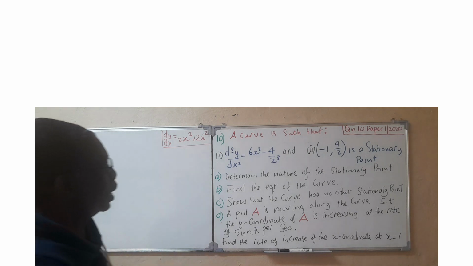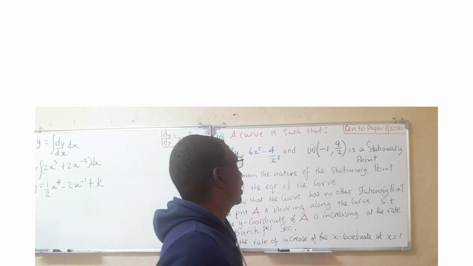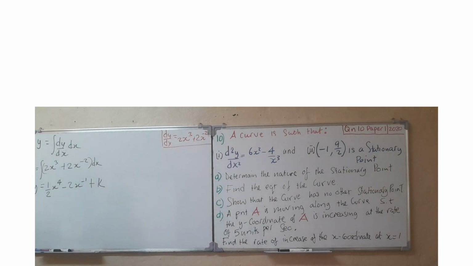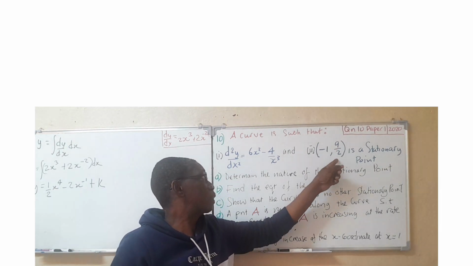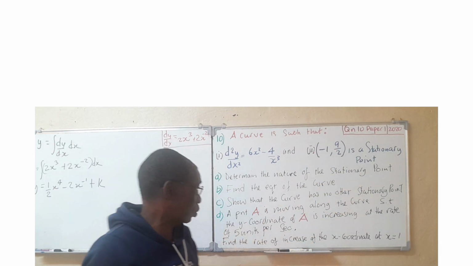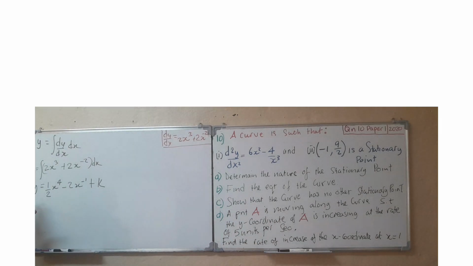We know that this curve passes through this point here, the point minus 1, 9 over 2. In other words, at this point, y is equal to 9 over 2, and x is equal to minus 1.